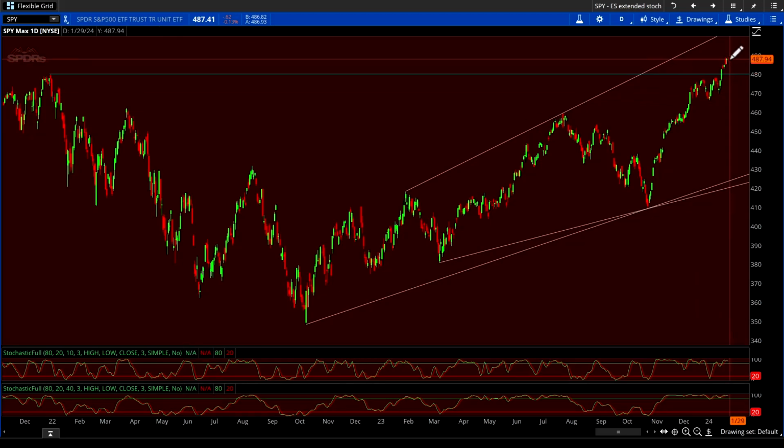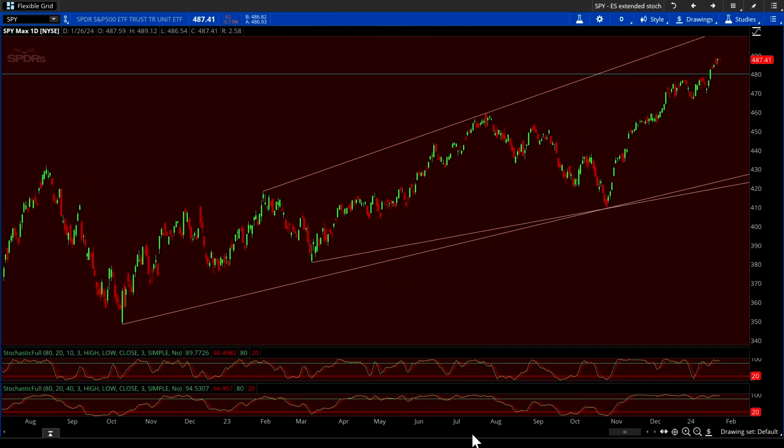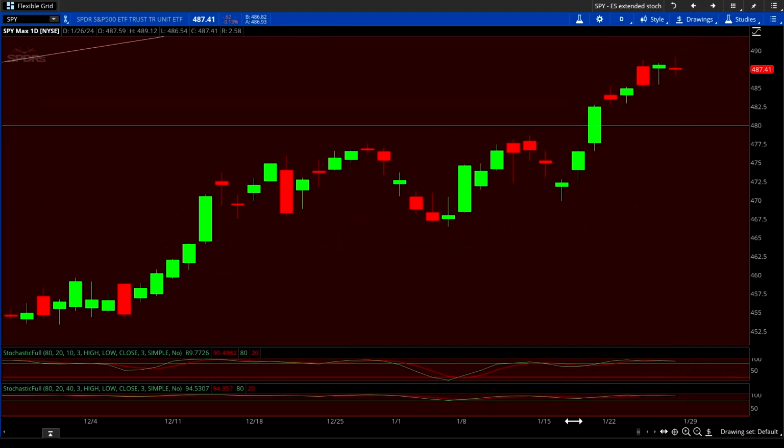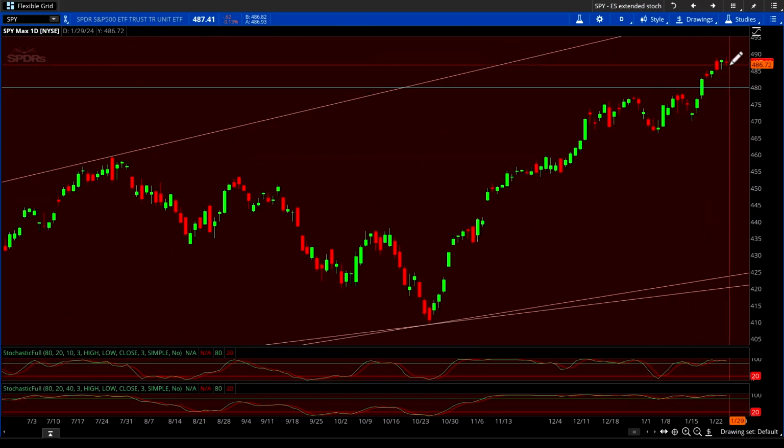And we're going up. Perhaps one scenario could be we come back down. We're overbought on the daily stochastics. We could come down in price, and then bounce off of this resistance or support line, right?